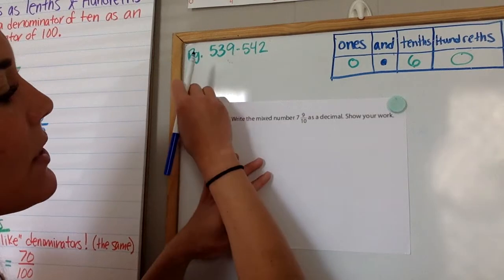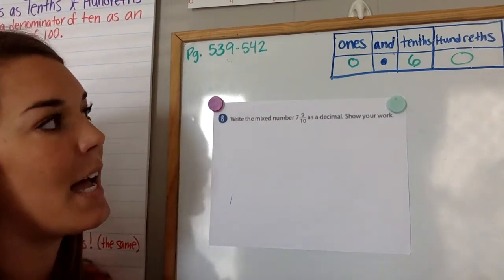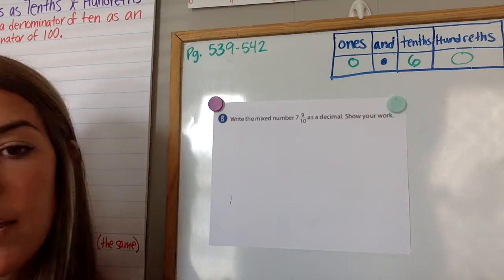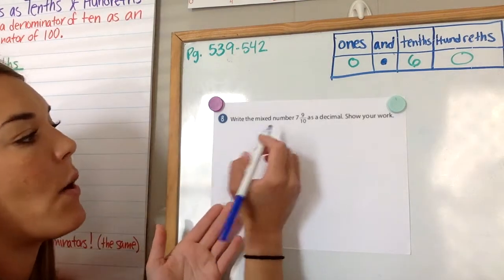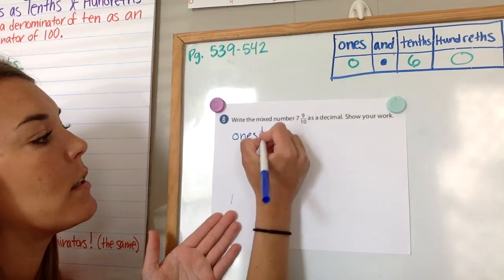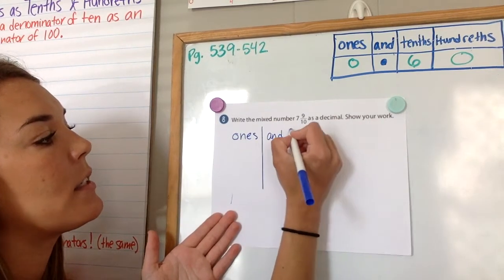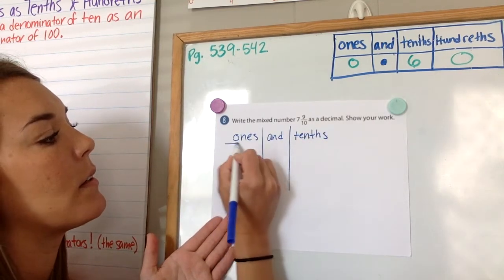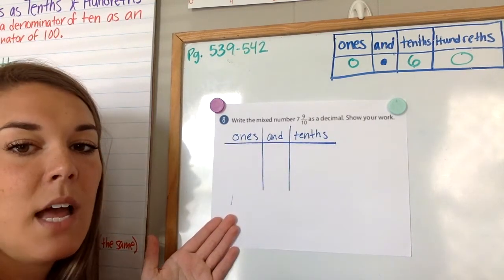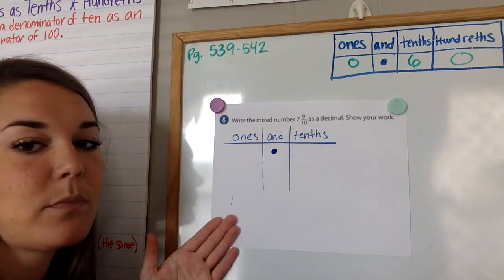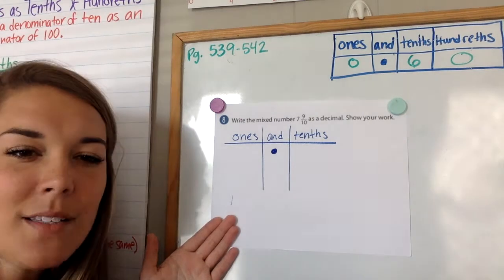Write the mixed number 7 and 9 tenths as a decimal, okay? So I'm going to use my chart again. So I know I'm going to need to go up to tenths. So I'm going to have ones and tenths. Okay. First of all, I already know and is a decimal, right? How many ones are there?